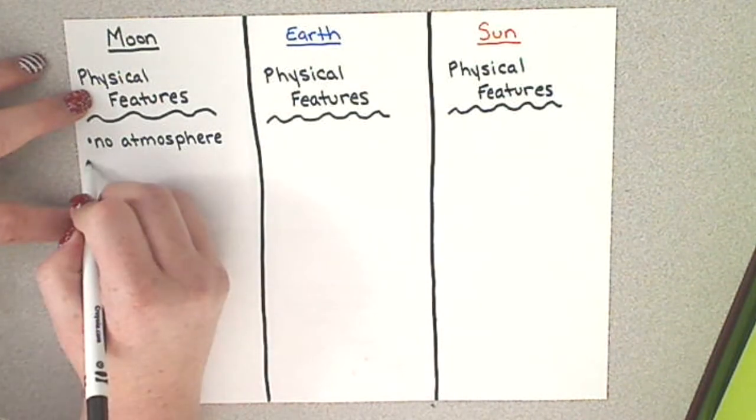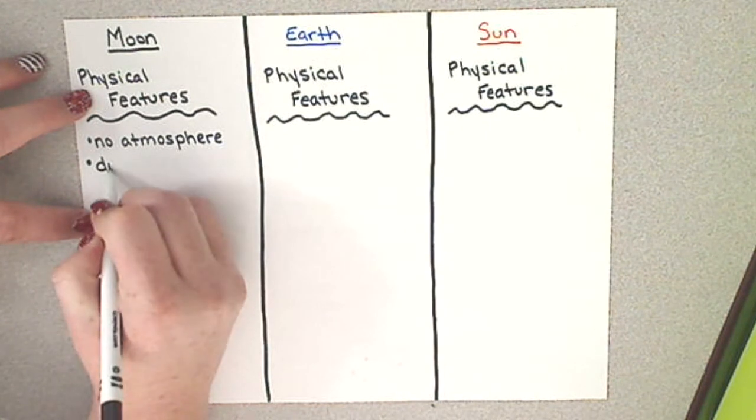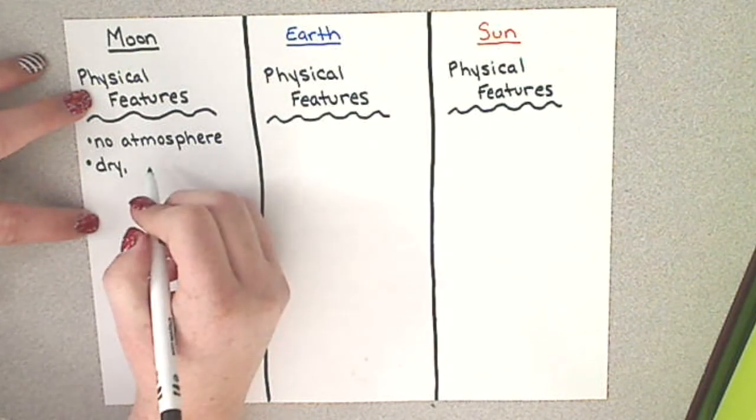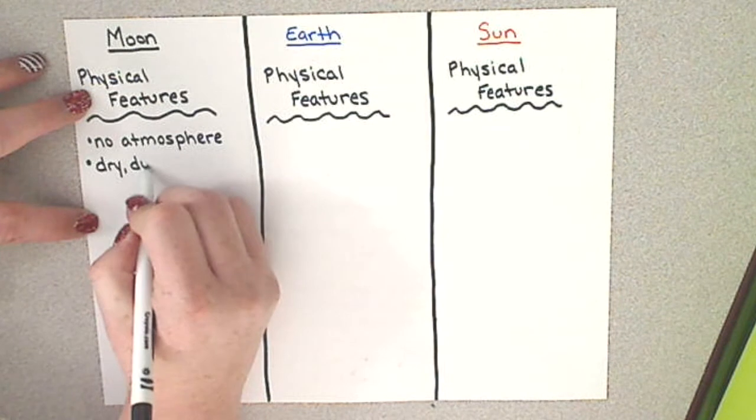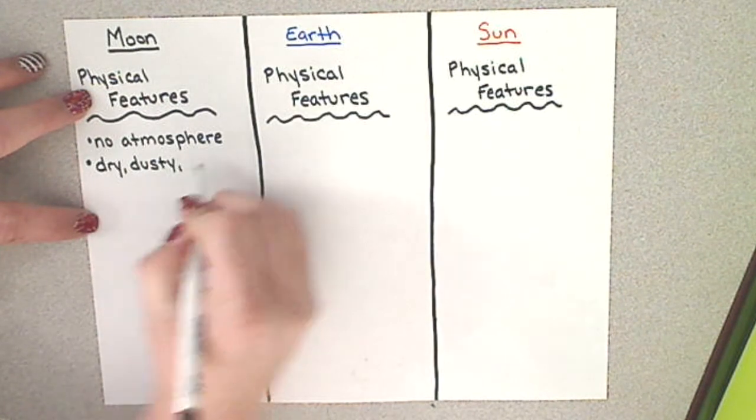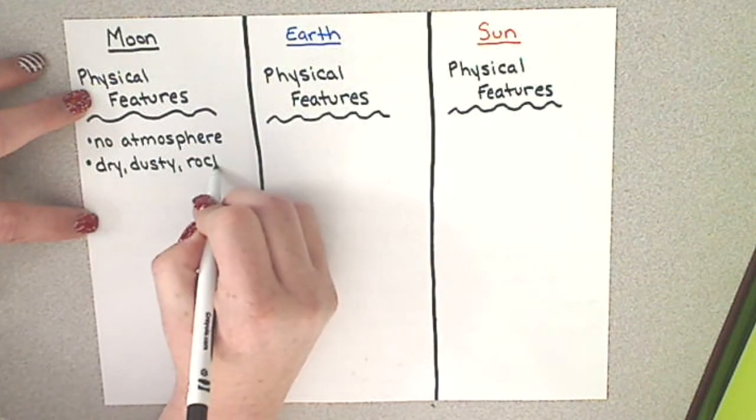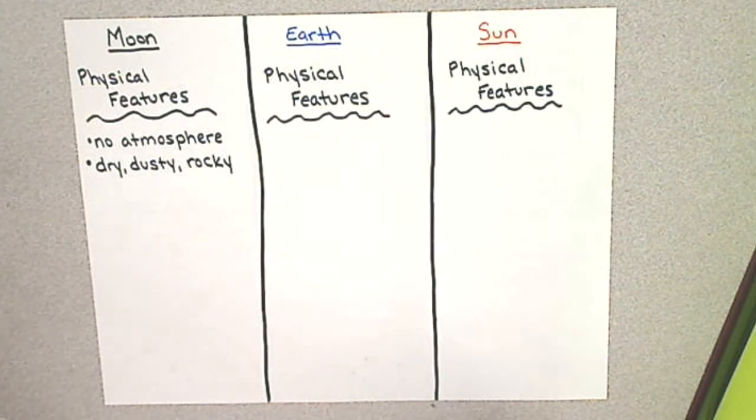Next, it is dry, dusty, and rocky. There are no plants, no animals, no life whatsoever on the moon. It is literally a ball of rock floating in the sky.